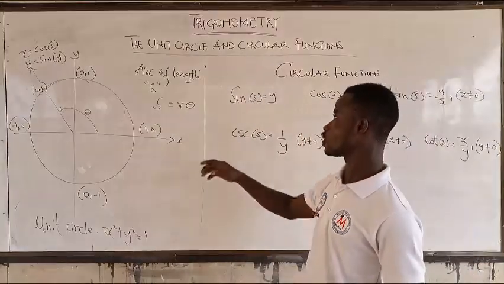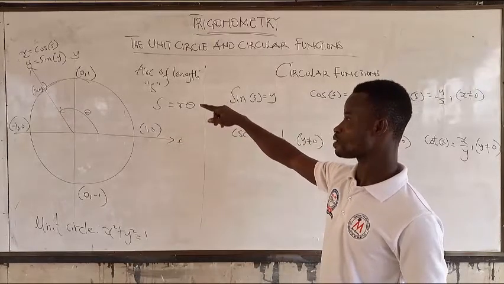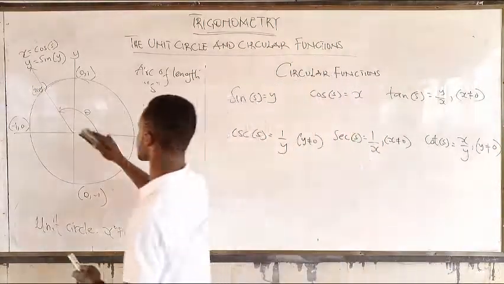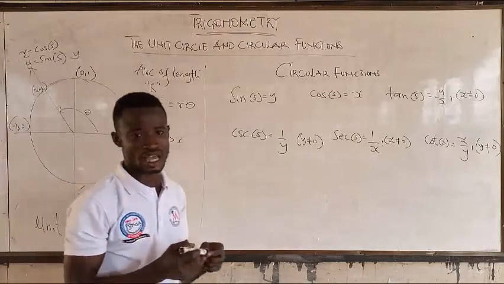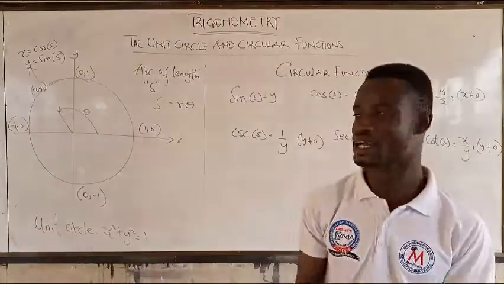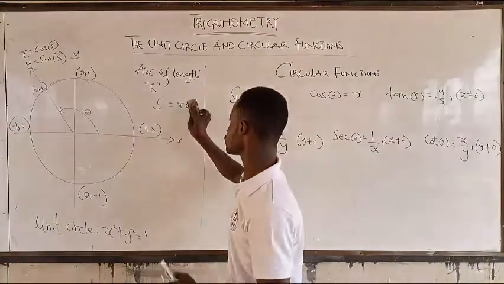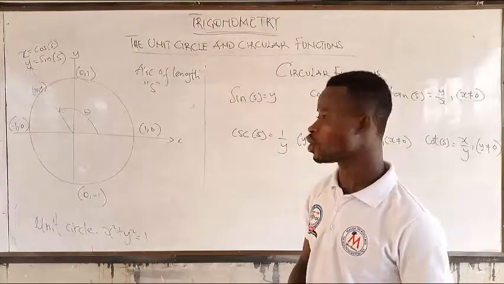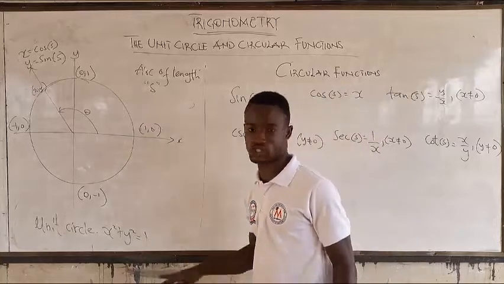Very good. So the argument we are referencing here is the arc length X. So this is the unit circle at the standard position.